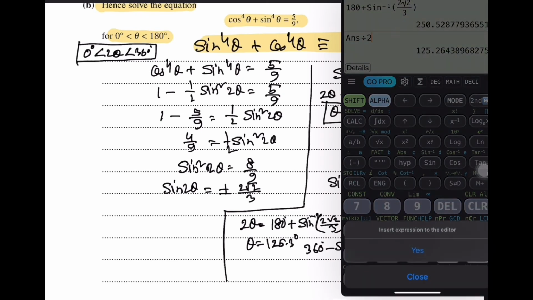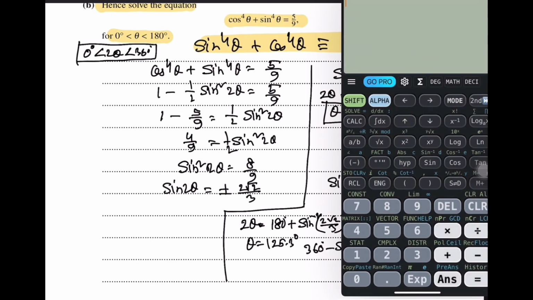Another one is 360 minus shift sin 2 root 2 by 3, divided by 2.